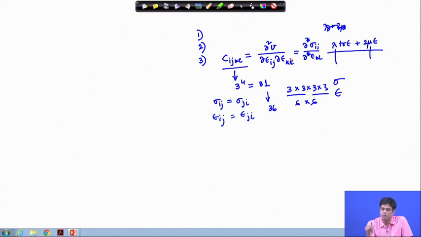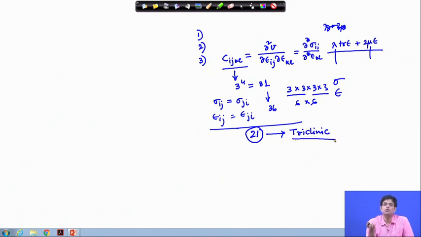With that same logic we finally arrive at 21 independent constants. With these 21 independent constants, we say this is a triclinic material, where no reflection or even rotation symmetry is assumed.